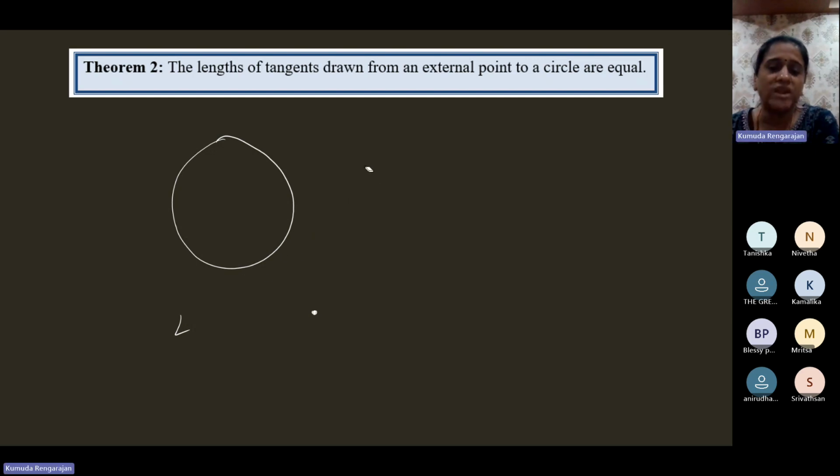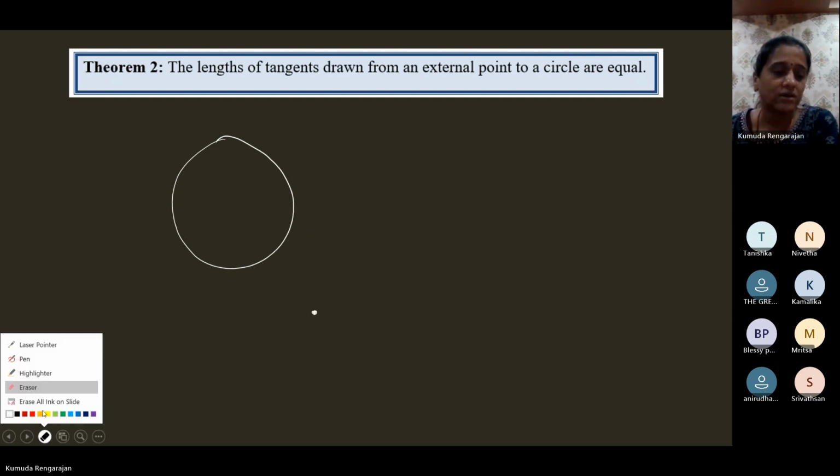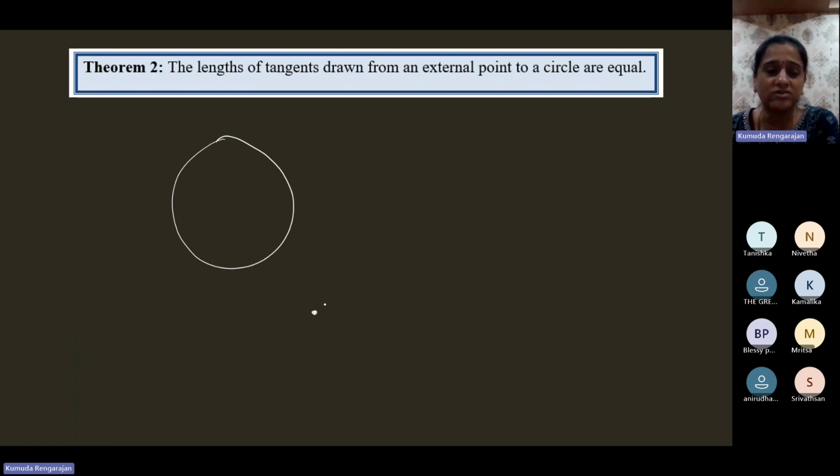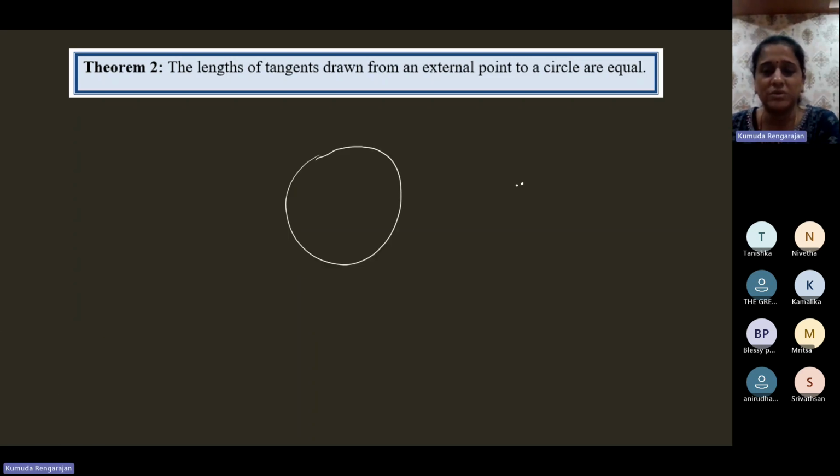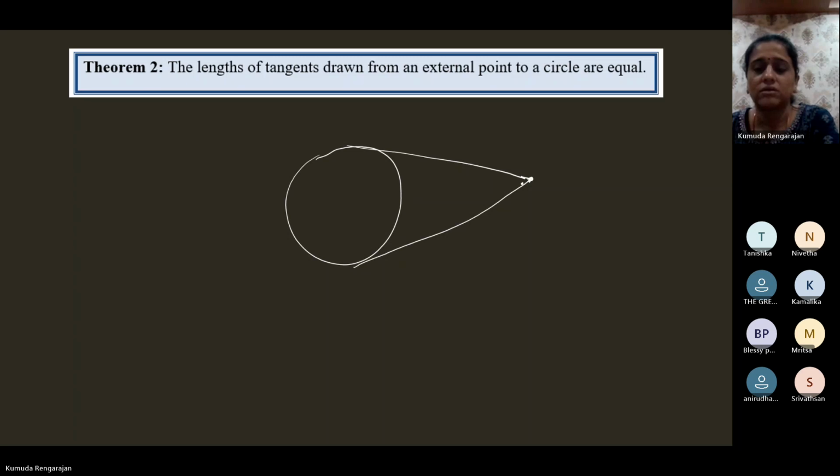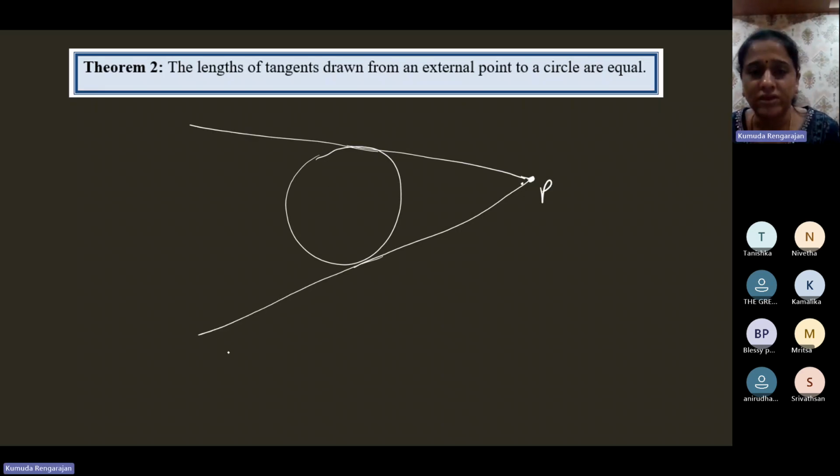And from a point which lies outside the circle, two tangents can be drawn. Let me just take the point here so that it's comfortable for me to draw. If this is the external point P, then exactly two tangents can be drawn to the circle from a point given outside the circle.